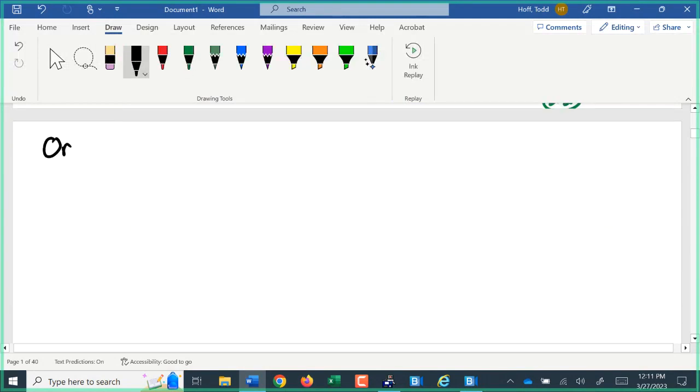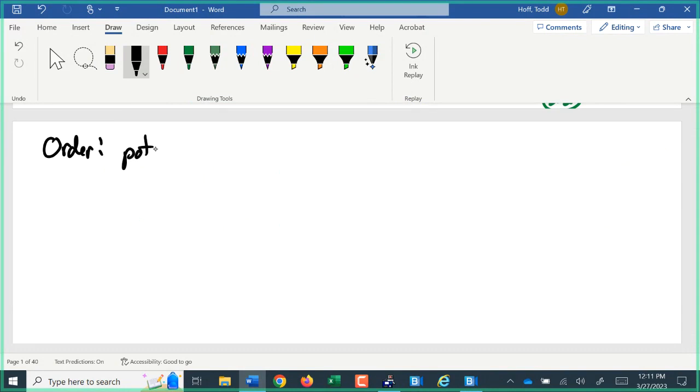Let's have an order for potassium chloride. 40 milliequivalents PO, BID. Again, PO is orally, BID means bi-daily, twice a day.